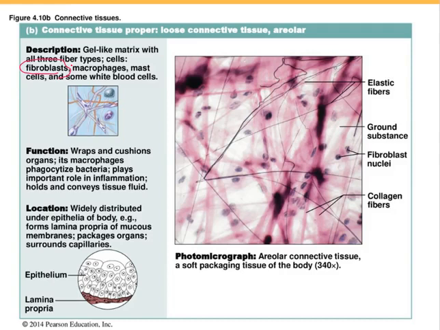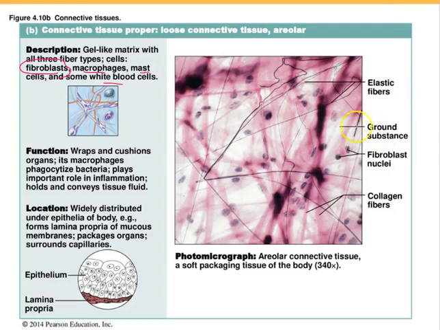Macrophages are going to be found there. These are the immune cells fighting against microorganisms, mast cells also, and also some white blood cells. So as you can see, we have many different types of immune cells found in our areolar connective tissue. That was one of the reasons we said the areolar connective tissue can defend the body against infection.